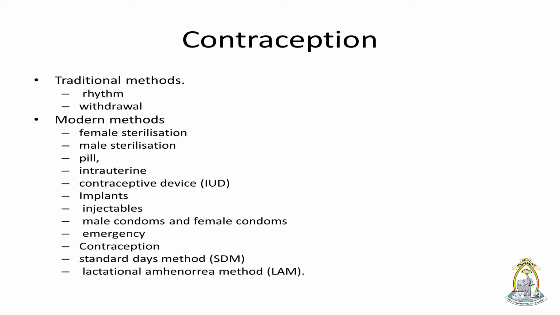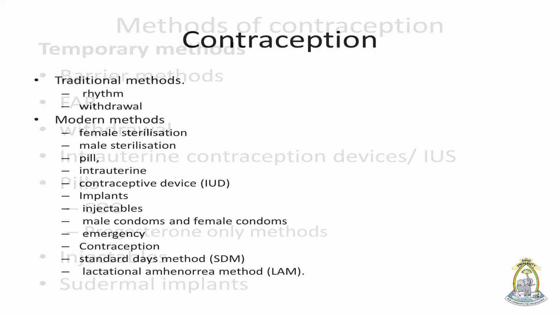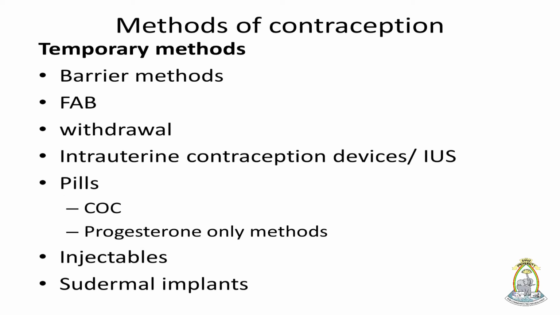We have the emergency contraceptive pills, and then we have the standard days method, and then the lactational amenorrhea method that used to be classified as traditional, but of course there is sound scientific proof that shows that they use science.